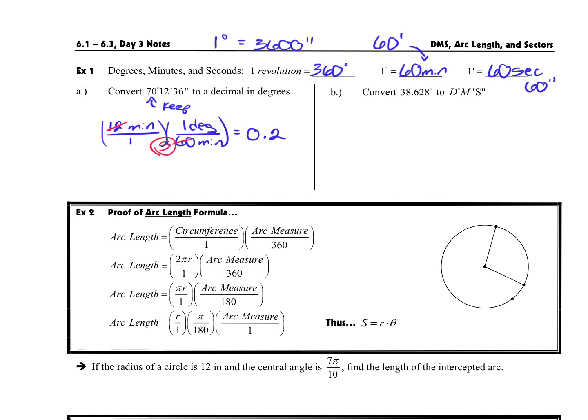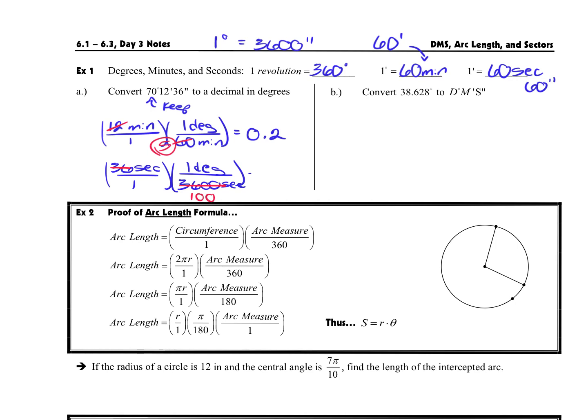So again, we're going to take our 36 seconds and put that over 1. Then I know that 3,600 seconds is equal to 1 degree. And again, I gave you some numbers that are going to be nice here. So our 36 and our 3,600, this is certainly going to become a 1 over 100.